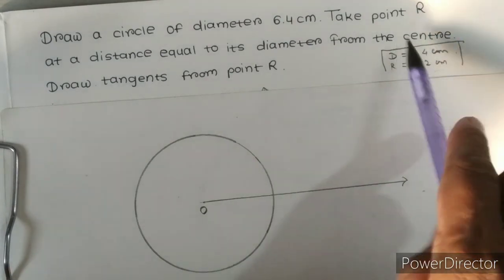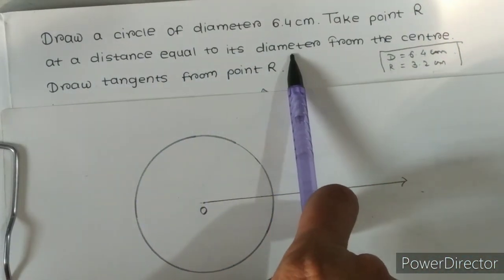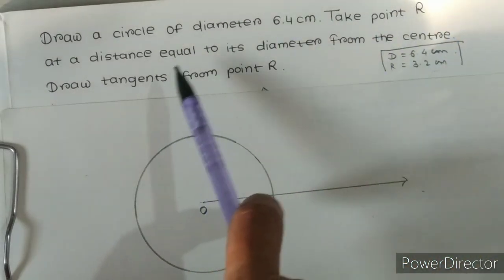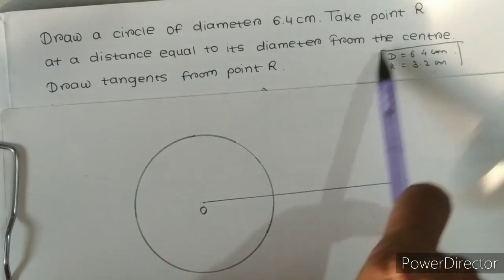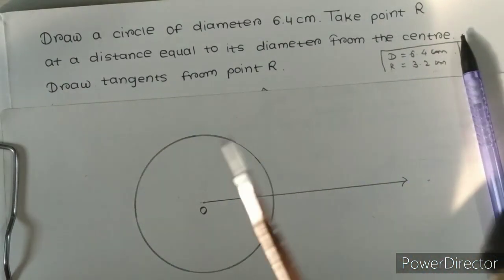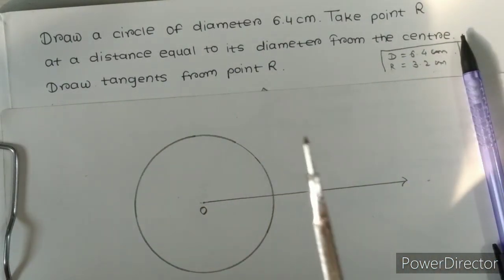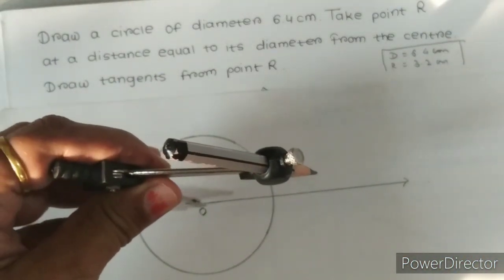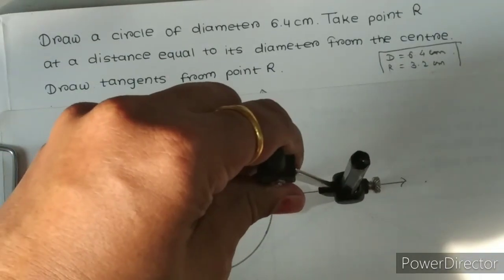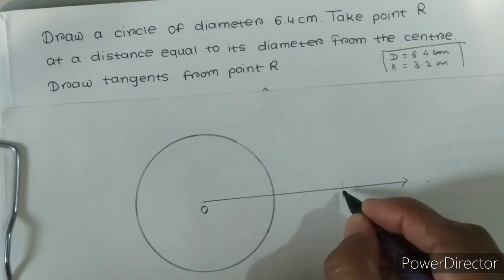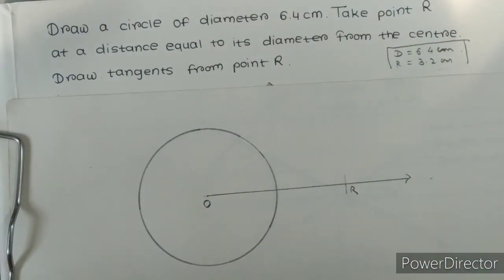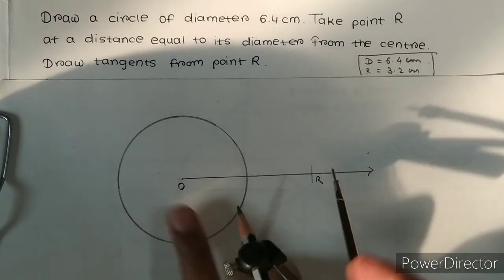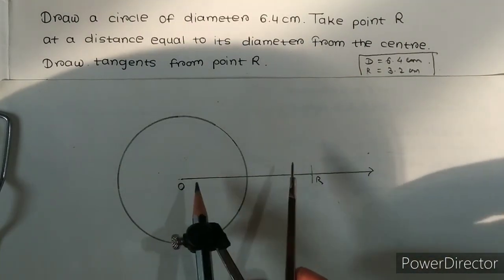Now point R is at a distance equal to the diameter. Diameter is 6.4 cm. Therefore, we can say that point R is at a distance of 6.4 cm from the center, and therefore take a distance of 6.4 cm between the tips of the compass and draw an arc by placing the steel tip at point O. Here we get point R. To get the midpoint of segment OR, we have to draw the perpendicular bisector of segment OR.